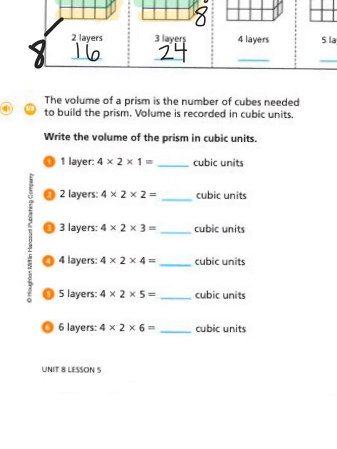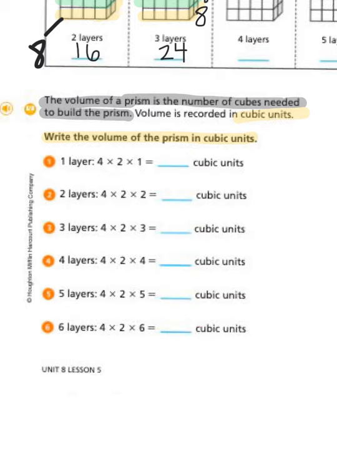So the next part of this is just really recording what we did above. It says the volume of the prism is the number of cubes needed to build the prism. The volume is recorded in cubic units. Write the volume of the prism in cubic units.